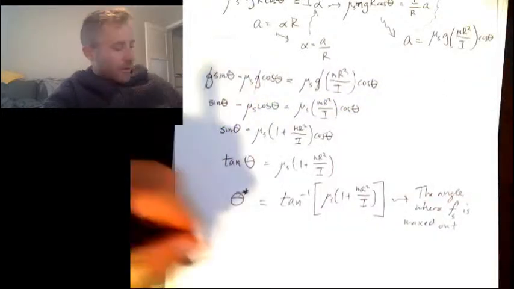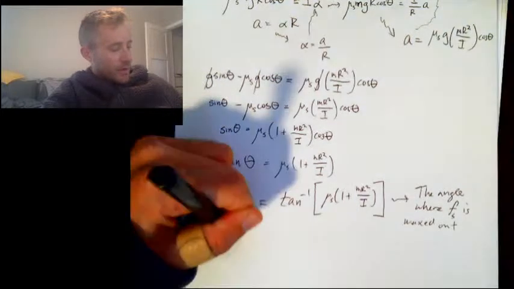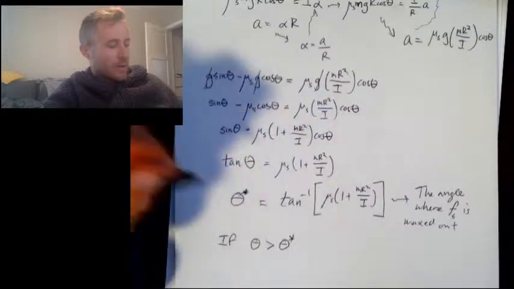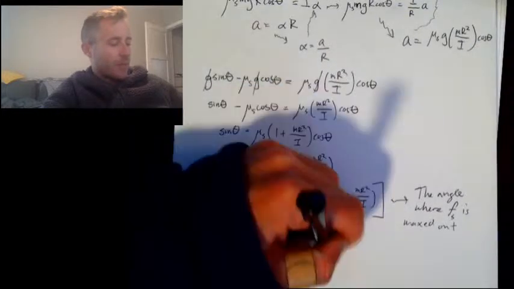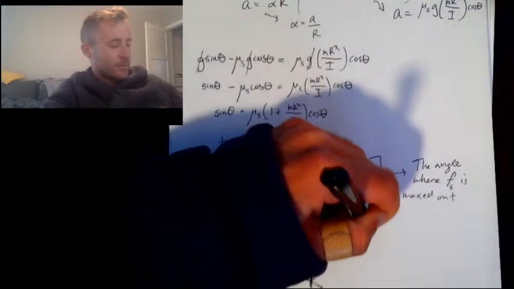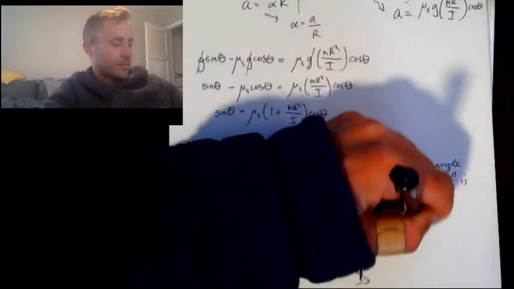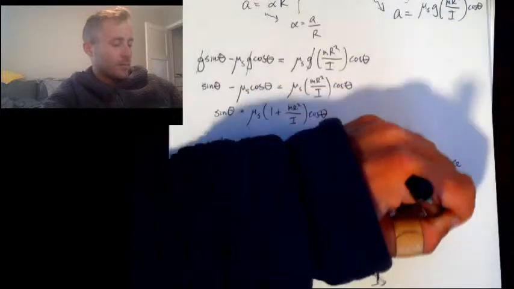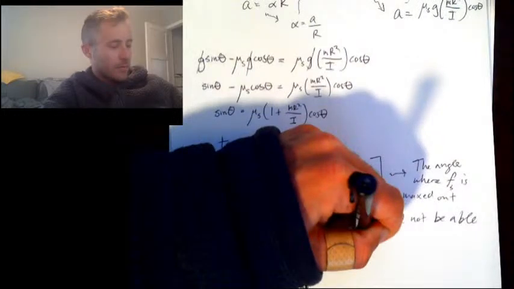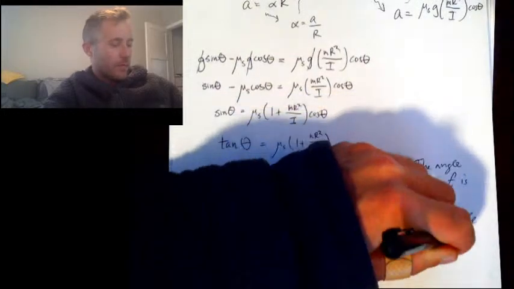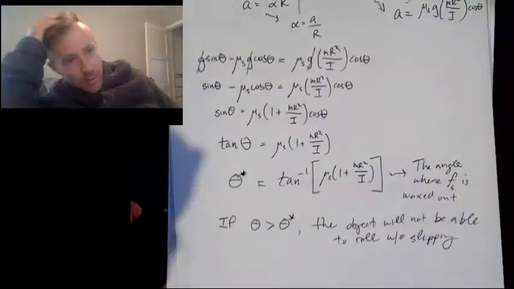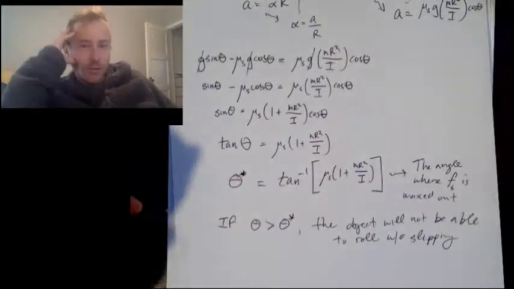So if the angle is greater than this special angle, the object will not be able to roll without slipping. Okay? So I'm going to have you solve problems like that on today's quiz.